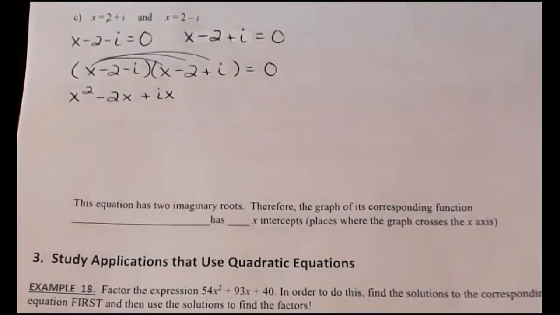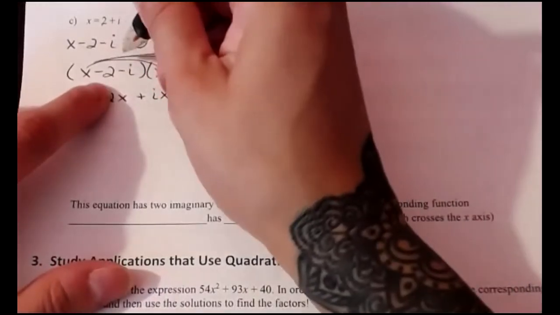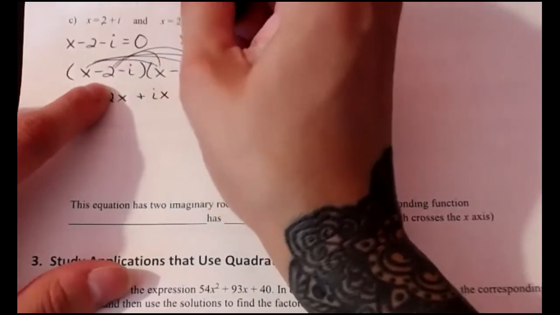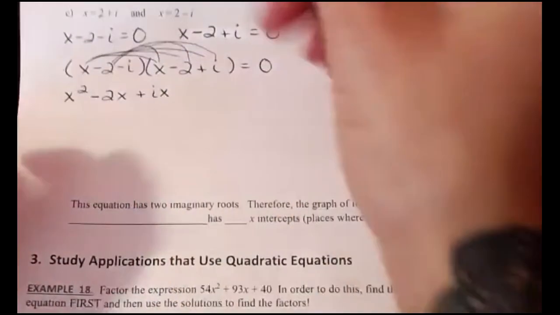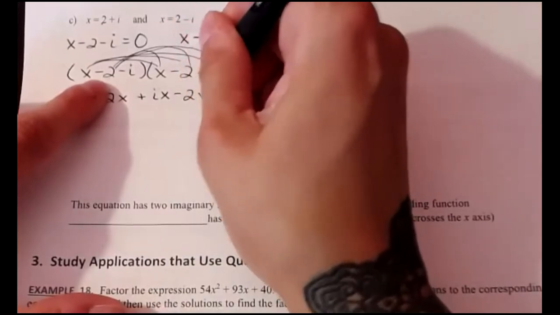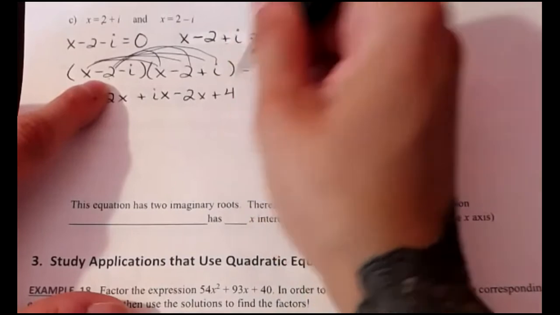Once we're done with our first term, our x, then we move to our next term, which is the negative 2. We just distribute each to each term in the second set. Don't overthink it, right? Negative 2 times x is negative 2x. Negative 2 times a negative 2 is positive 4.